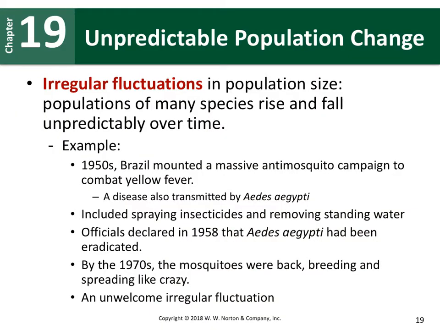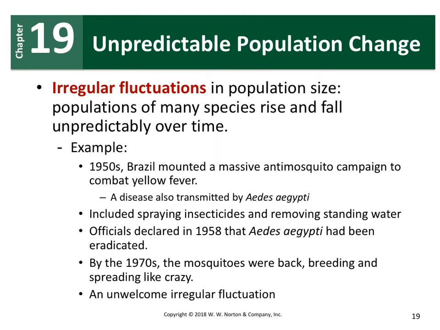Okay. Now, sometimes there's unpredictable population change. Sometimes you have irregular fluctuations in population size. Populations of many species rise and fall unpredictably.